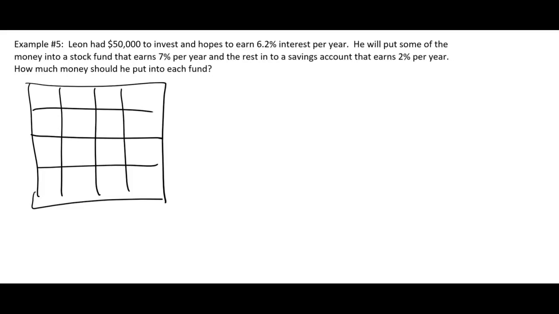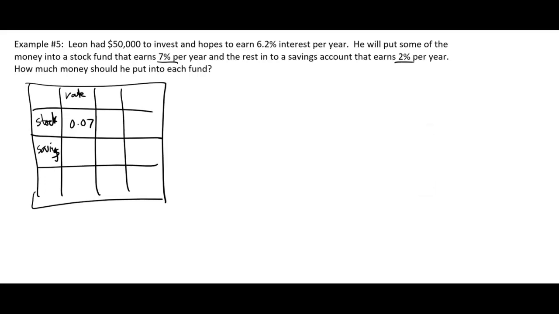So he's got the stock fund he's going to invest in, and then he's got his savings account. And he's going to earn so much, the rate of interest for each one. So the stock fund earns 7%, so 0.07.